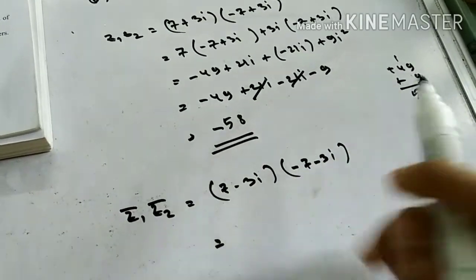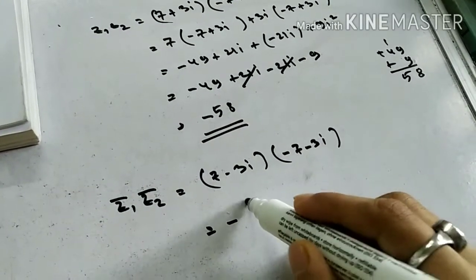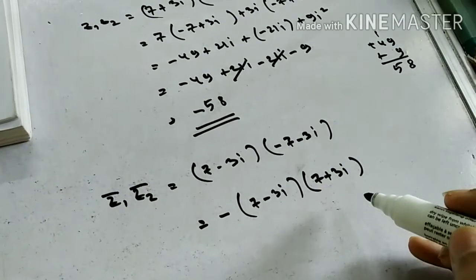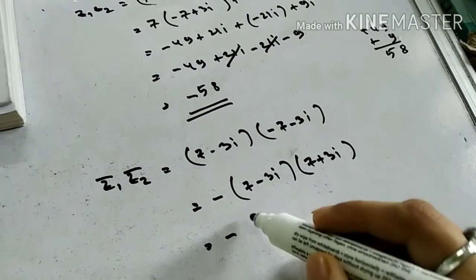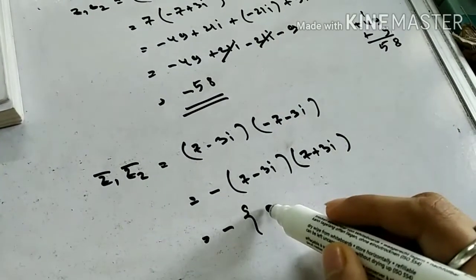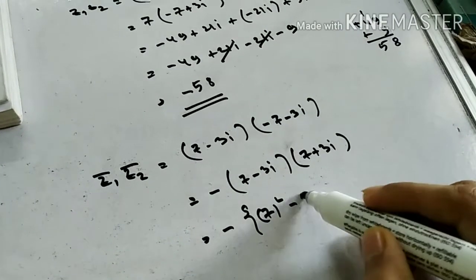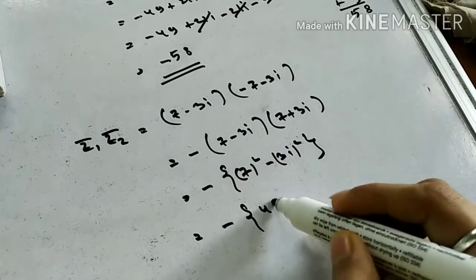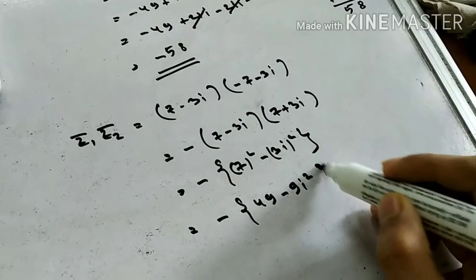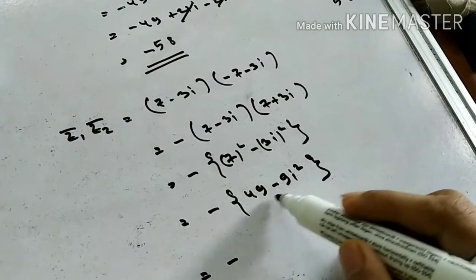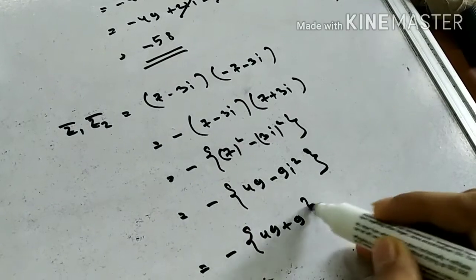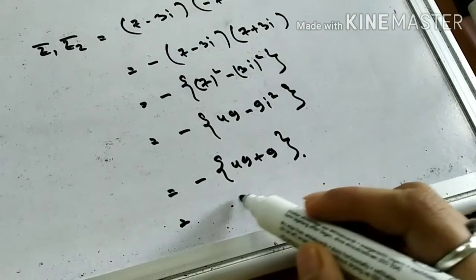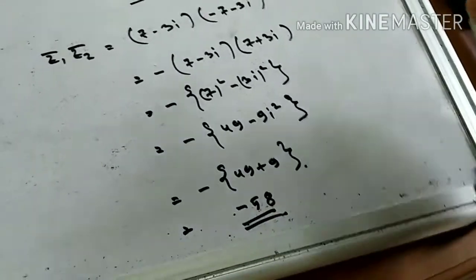So minus, it becomes (7 minus 3i) (7 plus 3i). So minus, this becomes 7 square minus (3i) the whole square, a plus b into a minus b formula, minus (49 minus 9i square), minus (49 plus 9), 49 plus 9 I will get 58. So ultimately I will get minus 58. This is my answer.